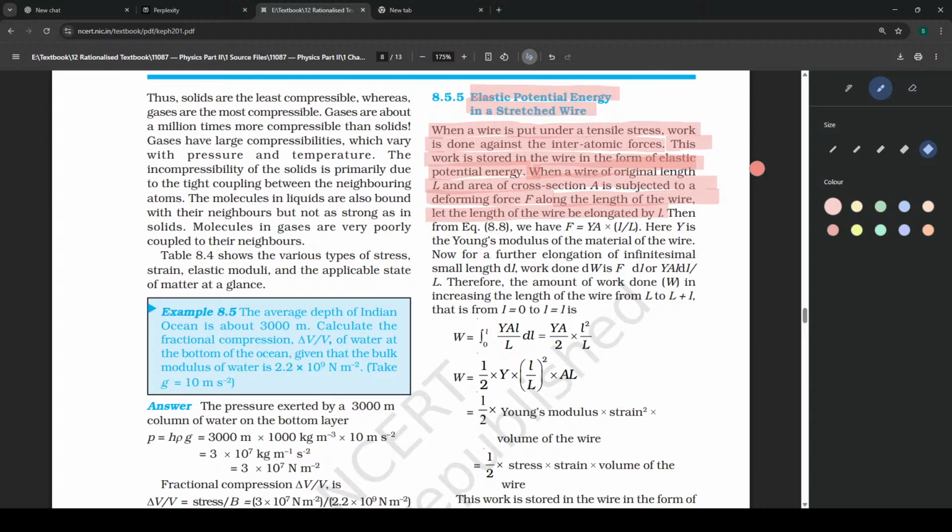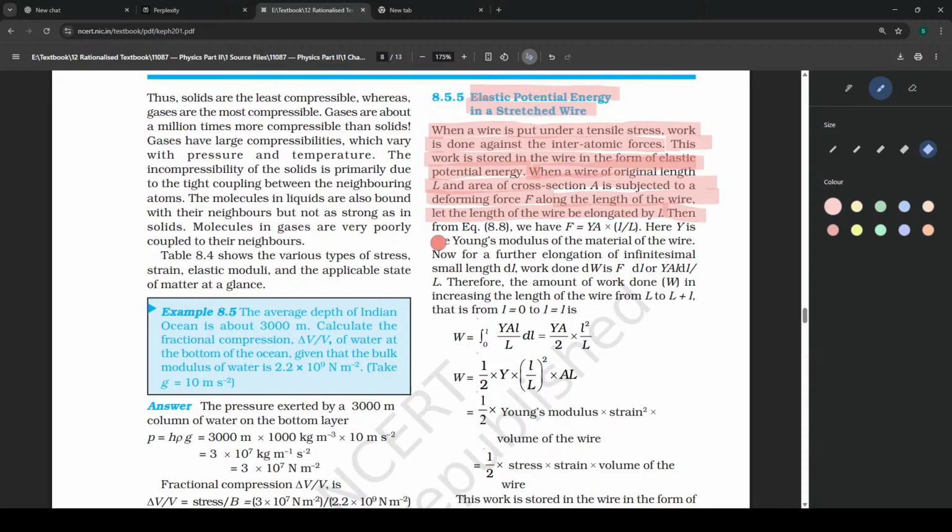Let's assume a wire of original length capital L and cross-sectional area A, and we pull it using a force F along the direction of the wire. We're pulling it, not compressing it. Then, due to this force applied, the length of the wire is elongated by small l.